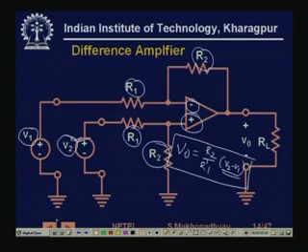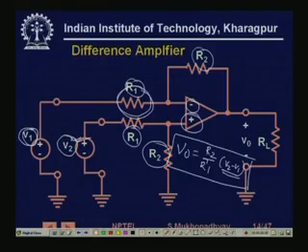Only disadvantage of this amplifier is that again the input impedance seen by these sources is low. So we need to improve on the input impedance, and there is also a particular factor for difference amplifiers which is called the CMRR, or the common mode rejection ratio.